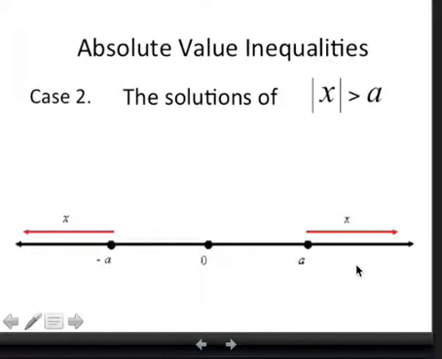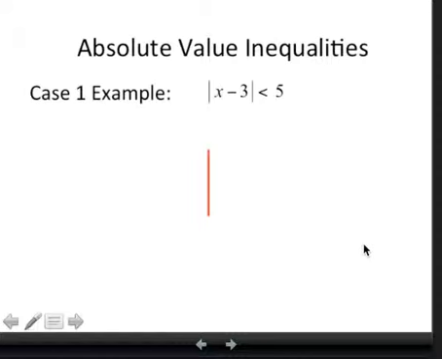So this is how we represent it on the real number line. Symbolically, as I showed before, we write modulus of x greater than a as x less than minus a or x greater than a.